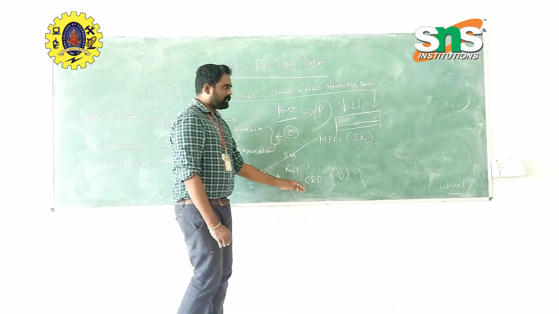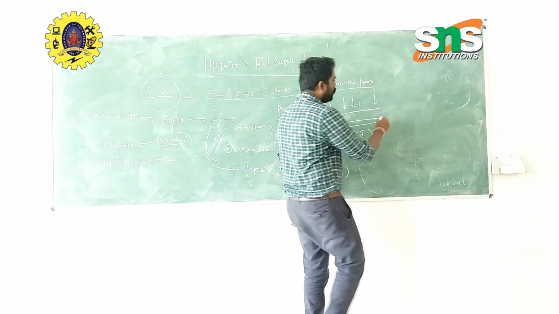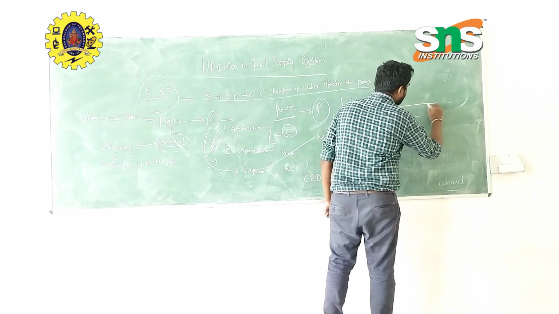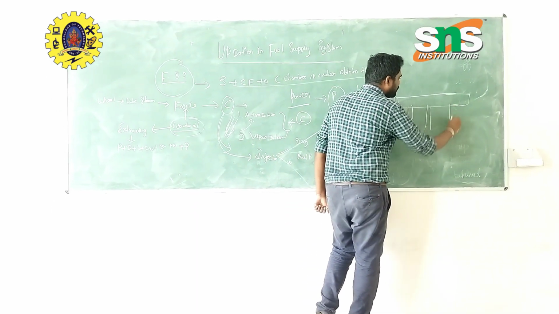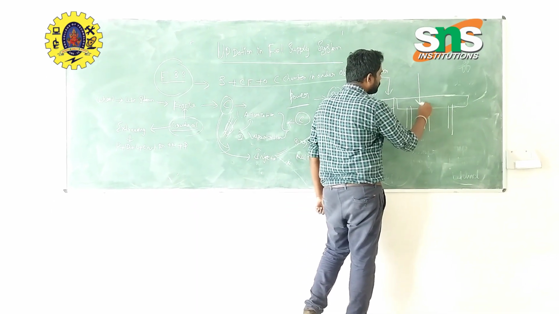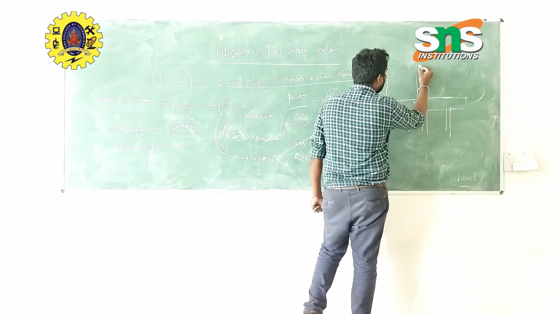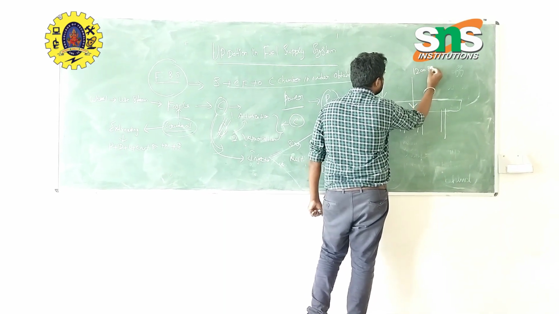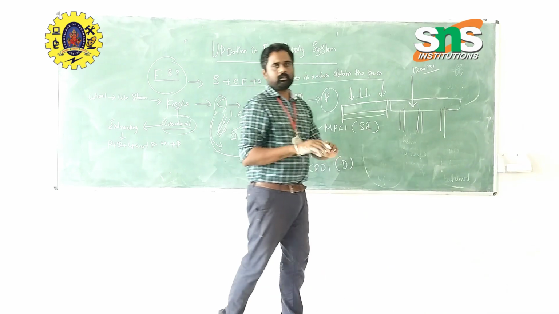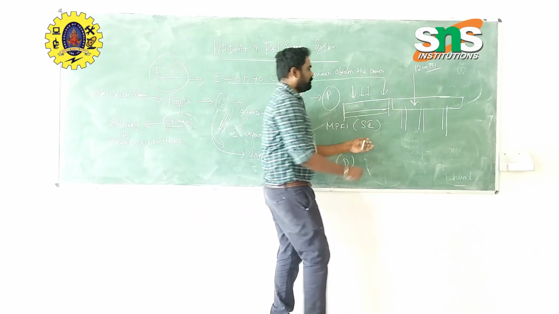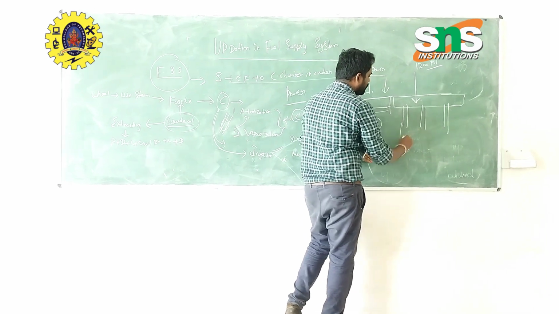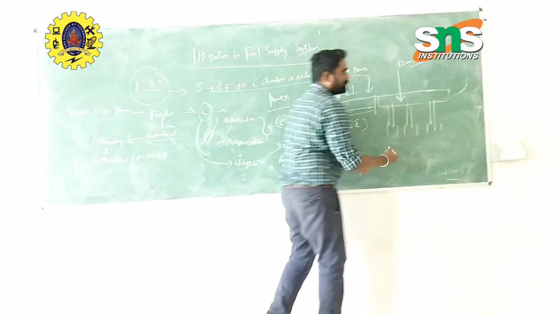In common rail direct injection there will be a common rail, that is a common pipe, and in that pipe, based upon the number of cylinders, the injectors will be placed. When we measure the pressure in this common rail, it will be around 1200 psi, like that. A huge amount of pressure is maintained in the common rail, and based upon the number of cylinders, the injectors will be placed near the combustion chamber.